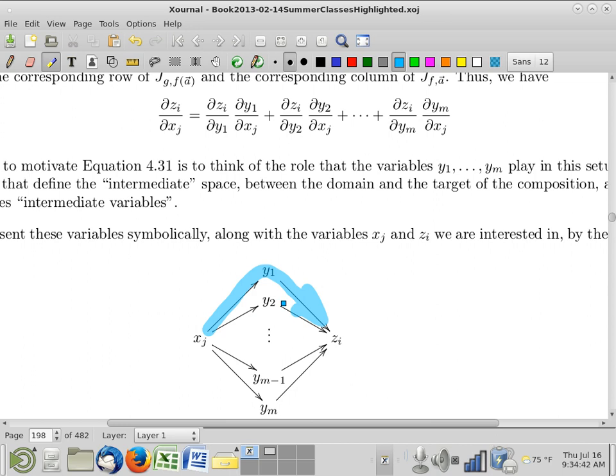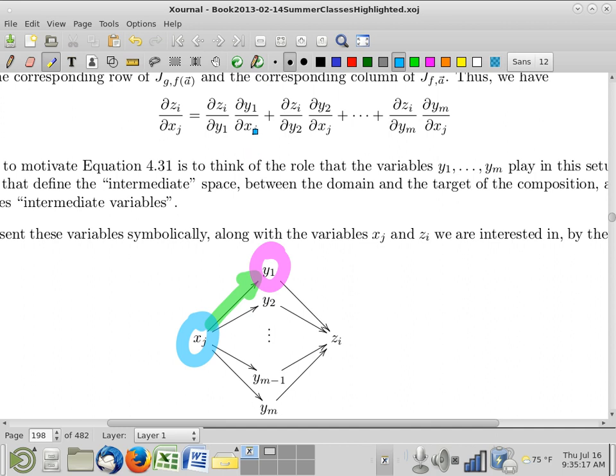How would we keep track of the proportion? What's the proportion between how much change was here and how much of that propagated through y1 to cause a change there? Well, the factor that relates those two changes is a product of two individual factors. There's the factor of how much an xj change causes a y1 change.